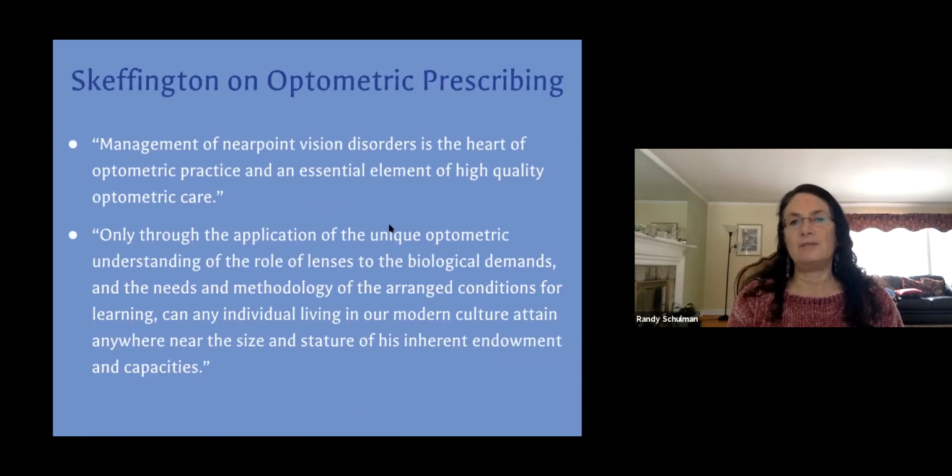So he felt that the management of near-point vision disorders is the heart of optometric practice and an essential element of high-quality optometric care. And then only through the application of specific lenses that will help to meet the biological demands and arranging conditions for learning, so through vision therapy, that would be the only way that you would have an individual be able to attain success in a modern culture.